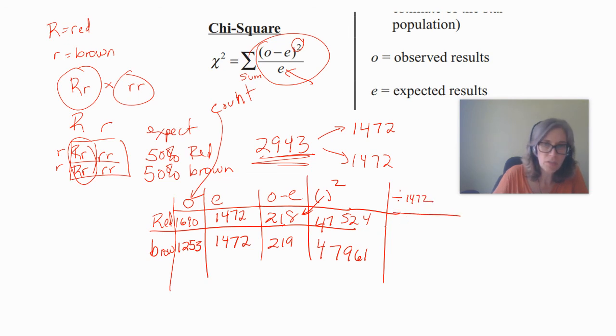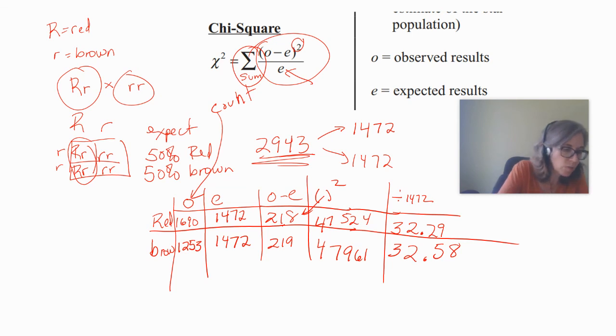So I'm going to take this number and divide it by what I expected to get, 1472, and I'm going to get 32.29. And then this one is 47961, and I want to divide that by my expected, which is 1472, and I'm going to get 32.58.